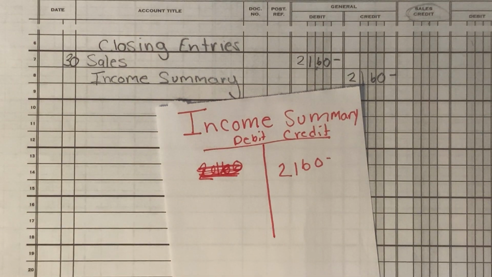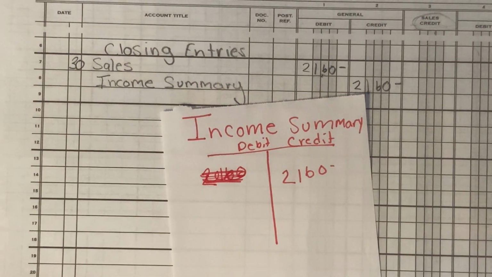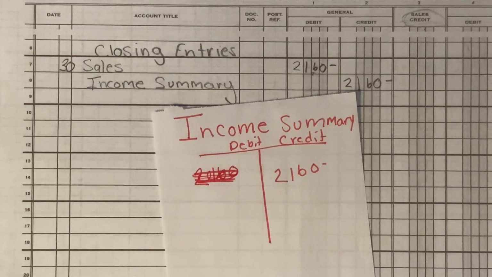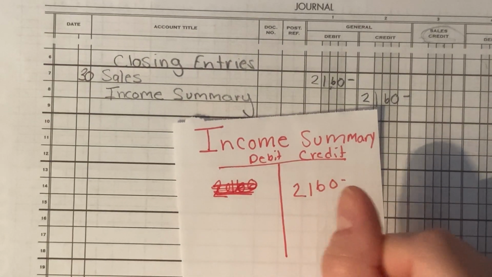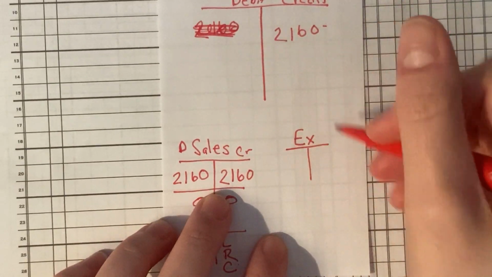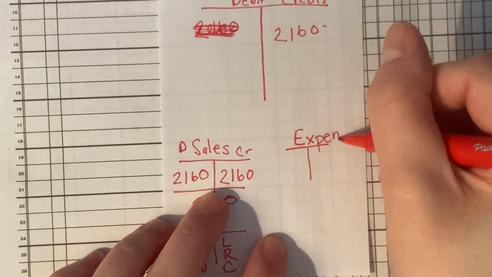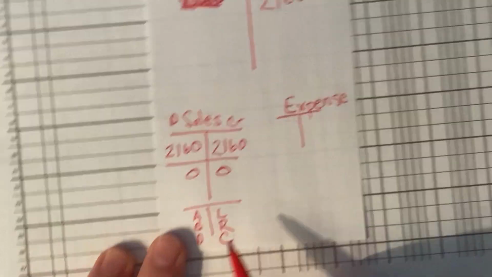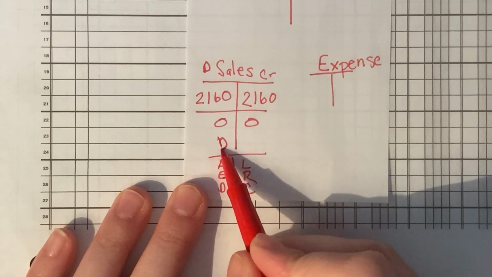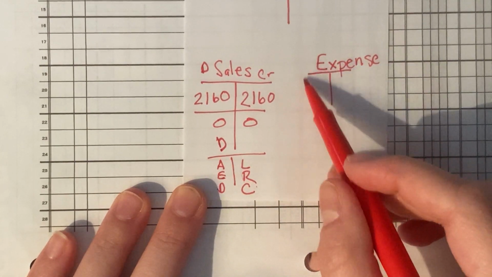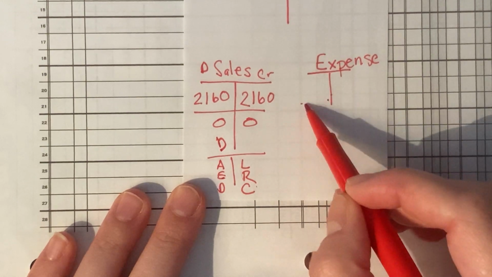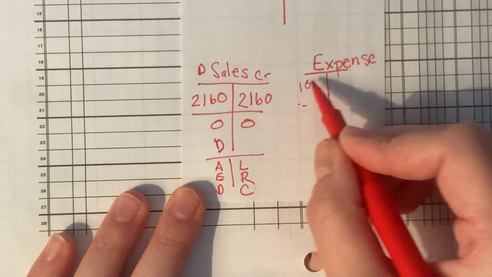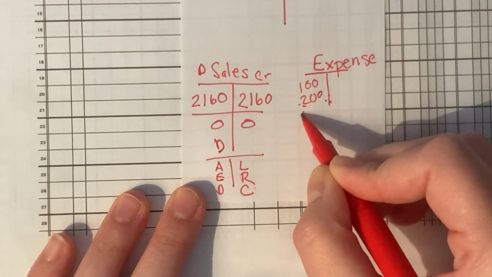Next one we want to do is any of the expenses. So when we have expense, the normal balance of an expense account is that debit side. So this is the normal balance. If we want to close out anything, let's say it was 100, 200, 400.